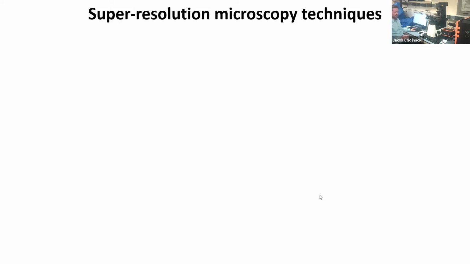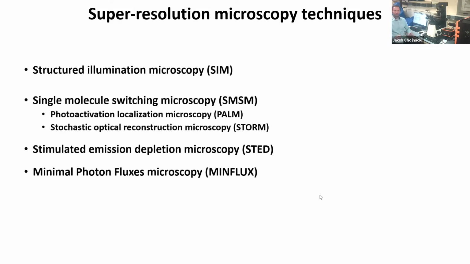This resulted in quite a lot of new types of microscopy in the early 2000s. Well, they have very complicated names. Don't worry about those. I just wanted to tell you that it was sort of a revolution in the field of fluorescence microscopy.